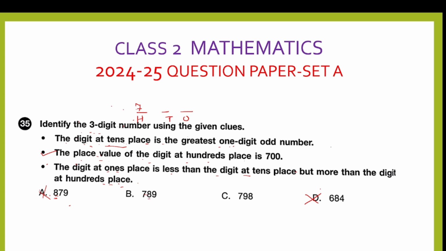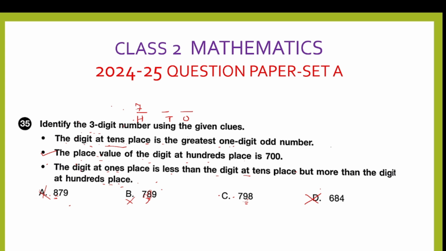Here at the tens place there is 8, and here the tens digit is 9. But 8 is an even number, and 9 is the odd number. Therefore B is not correct.